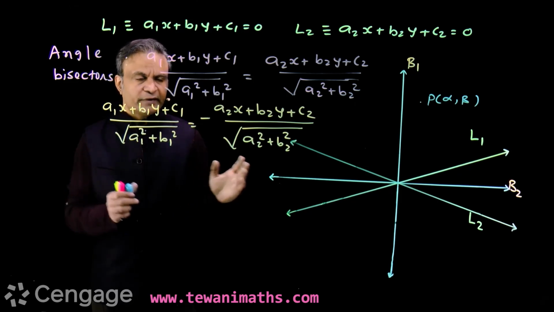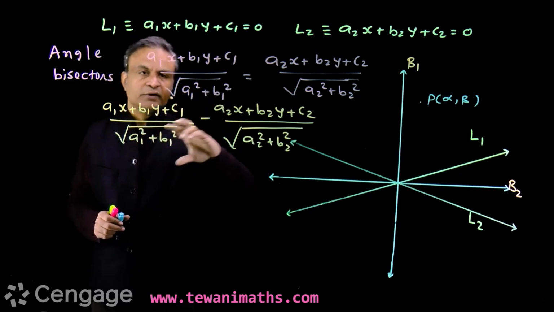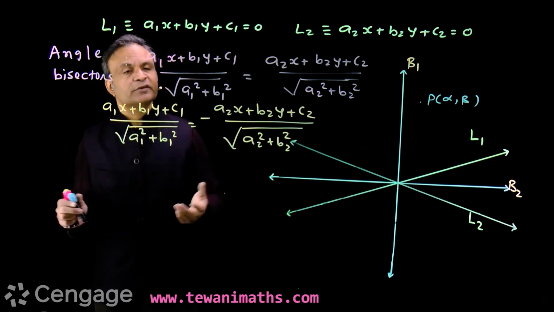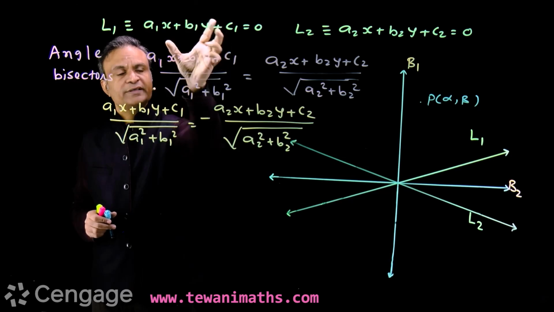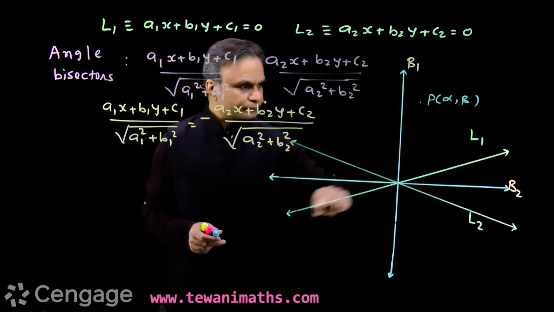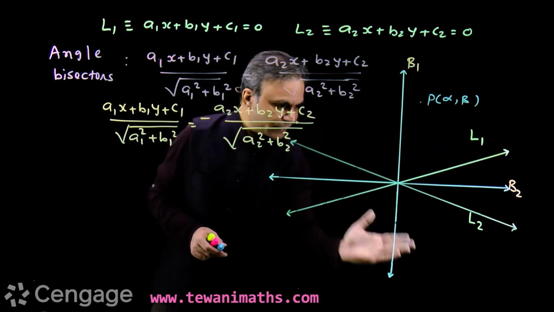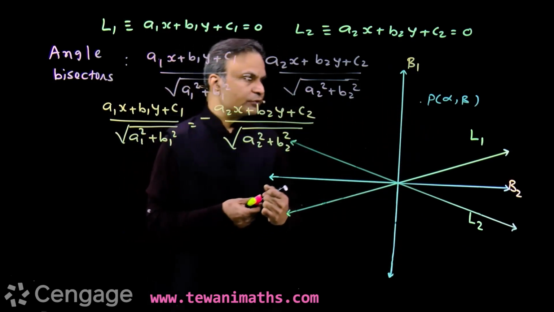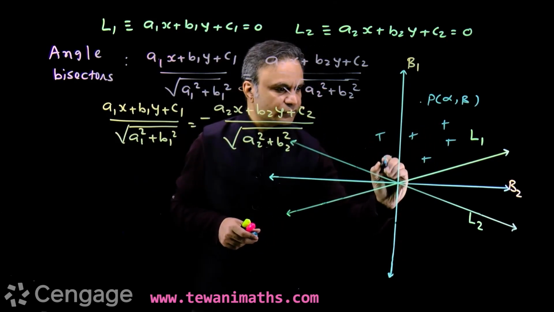So a line divides the plane into two regions, one positive and one negative. Positive region means the value of this expression is positive for all the points lying in that region. Now suppose this is the positive region of line L1 and this is the negative region. Let me put the sign. This is the positive region.